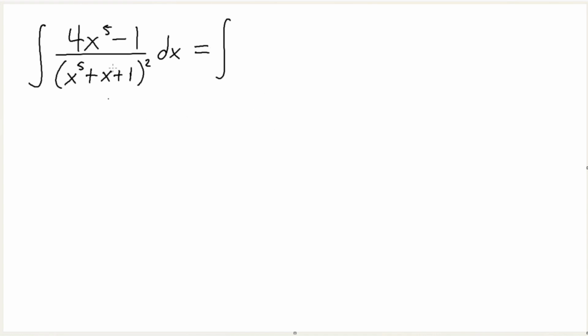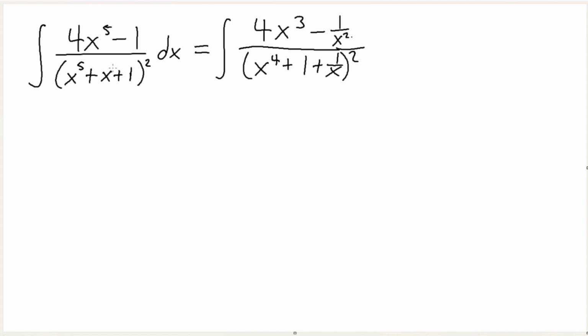Okay, so something suspicious. I don't want to do partial fractions. Let's go ahead and sort of do this. Okay, so let's divide everything by x, which means that we would have to divide everything on top by x squared. x to the 4 plus 1 plus 1 over x. That brings out x squared, so this is 4x cubed minus 1 over x squared.